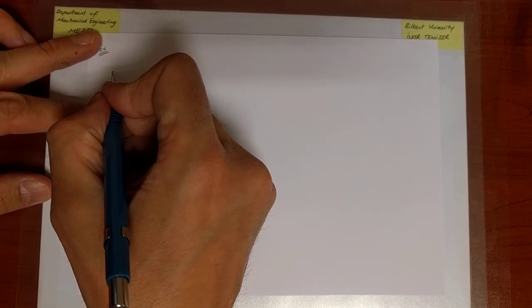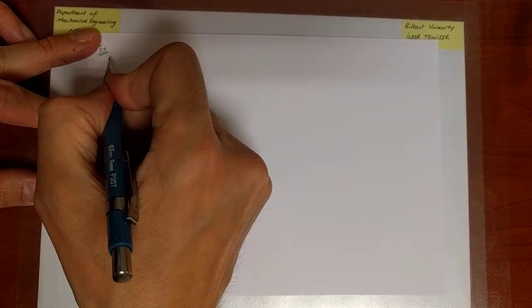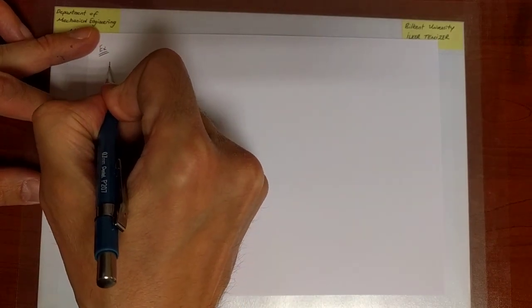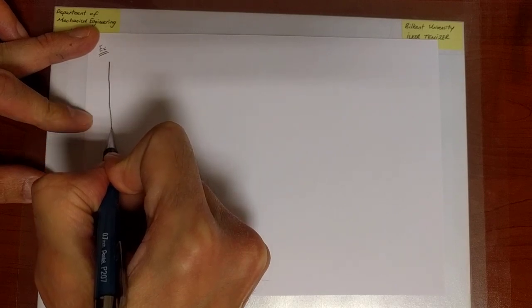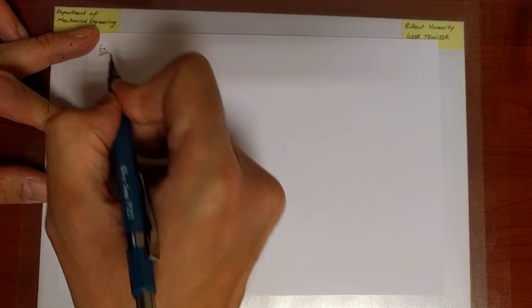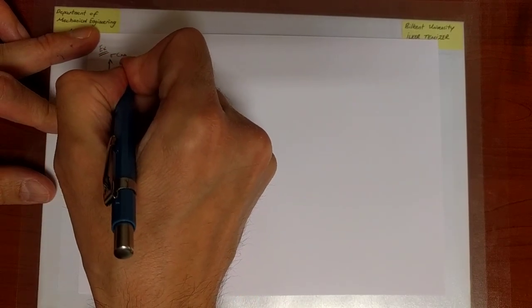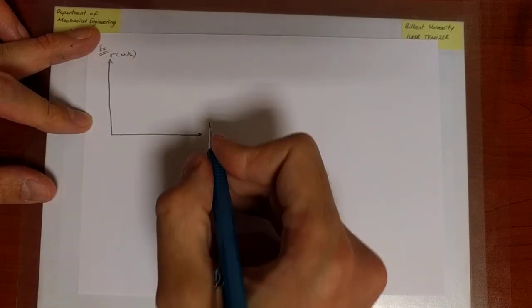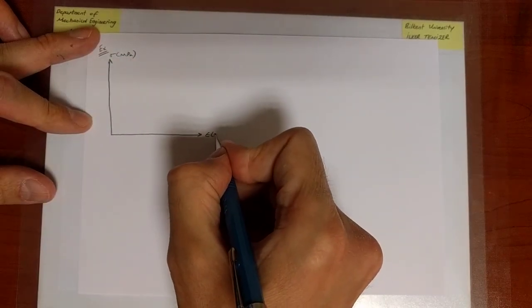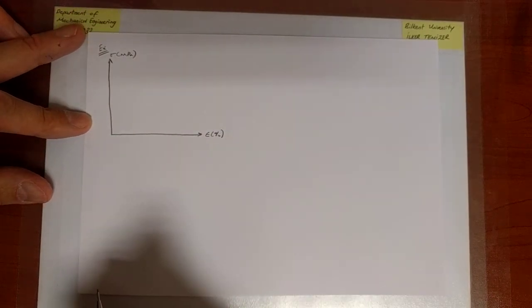Okay, so first of all, we need the data itself, and I'm going to quickly depict the data over here. So this is our stress axis, let's say MPa, and then the strain. Careful, I'm writing the strain in terms of percent.